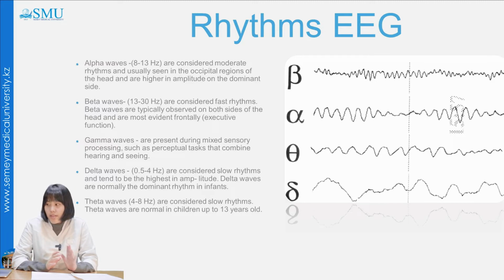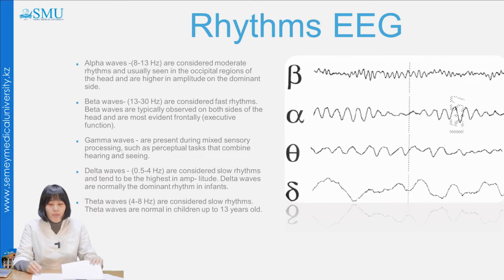Alpha waves are considered moderate rhythms and are usually seen in the occipital regions of the head. Beta waves are considered fast rhythms, typically observed on both sides of the head and most evident in the frontal region. Beta waves can be substantially reduced in areas of cortical damage.